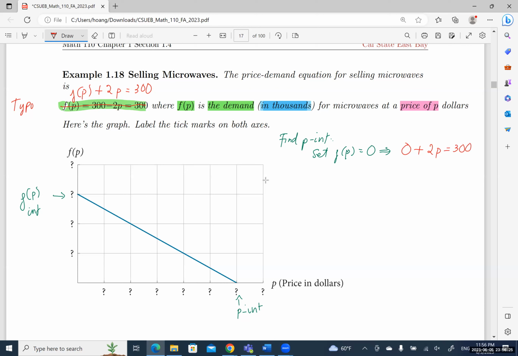Then I have p equal to 300 divided by 2, which equals 150. So the p-intercept here is going to be 150.